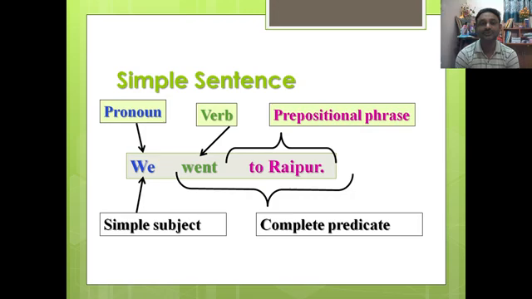If we analyze this sentence, it will be very easy to distinguish from this slide. We went to Raipur has been categorized as pronoun, verb, prepositional phrase, and a simple subject and a complete predicate.